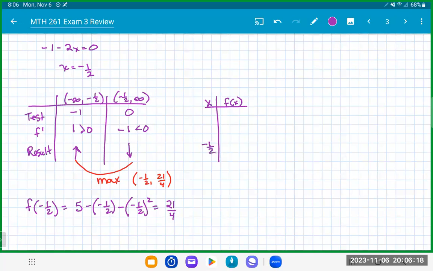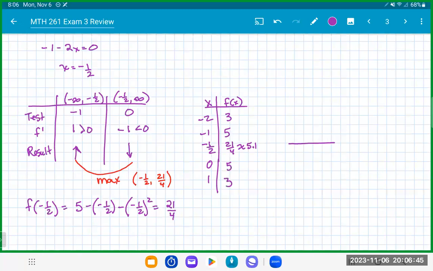We have negative 1/2. Let's do a couple above it and a couple below it. So when we plug those values into our original function, we would get 3, 5. We calculated this as 21/4, which is approximately 5.1 for graphing purposes. This is 5 and this is 3.